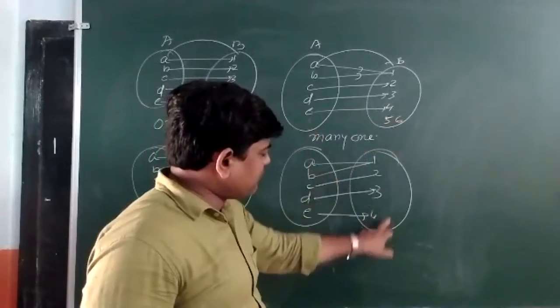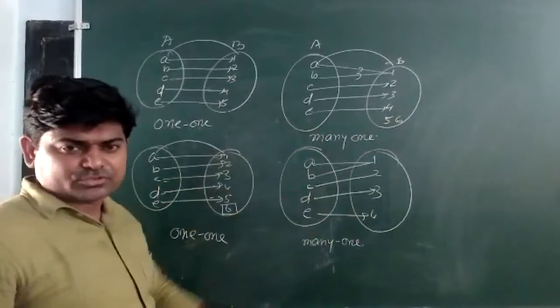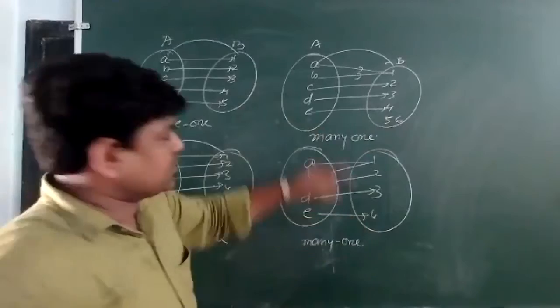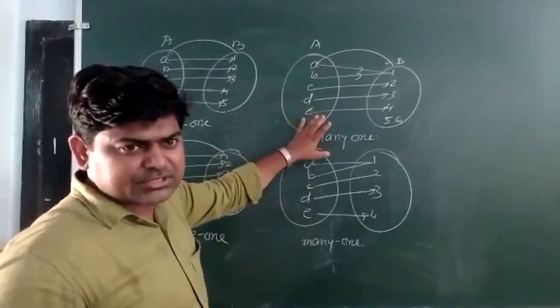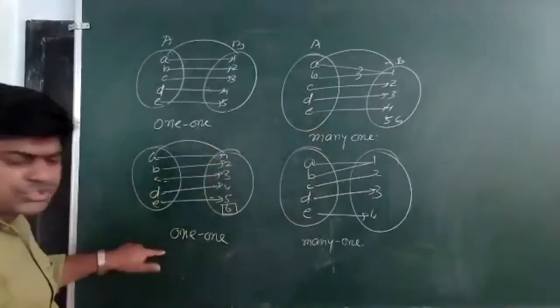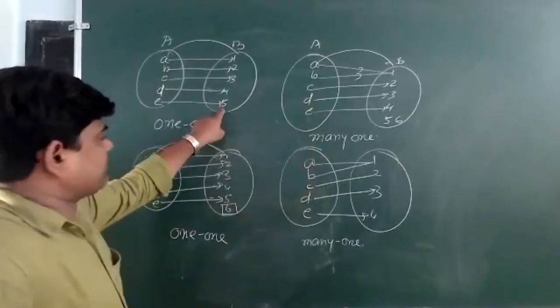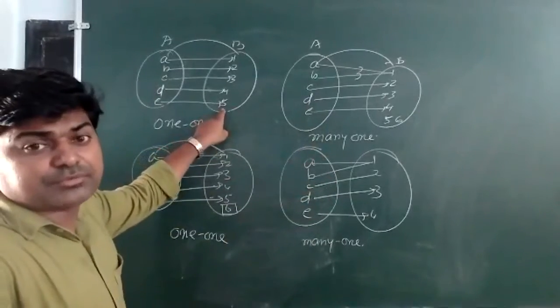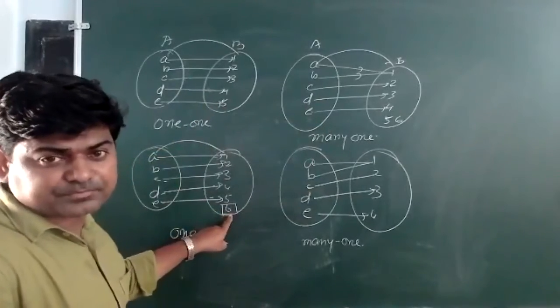Here you can see every element has its pre-image. So that difference is there or not? This is many one, this is many one, but there are some differences. This is 1, 1, this is 1, 1, but there are some differences. What is the difference? Here I am not having any element which has no pre-image, but here I am having one element which has no pre-image.